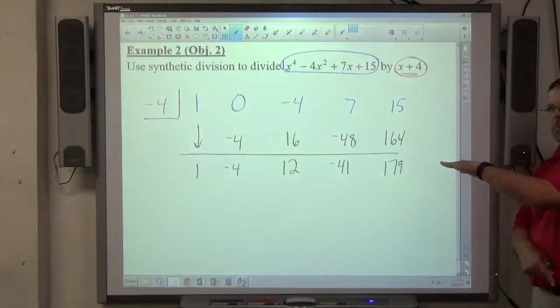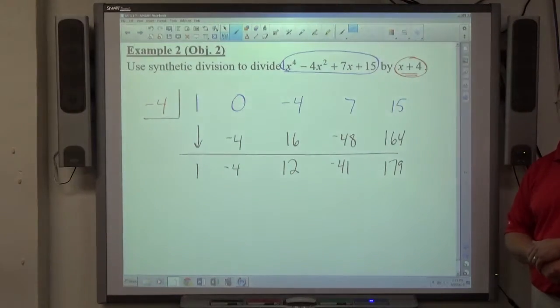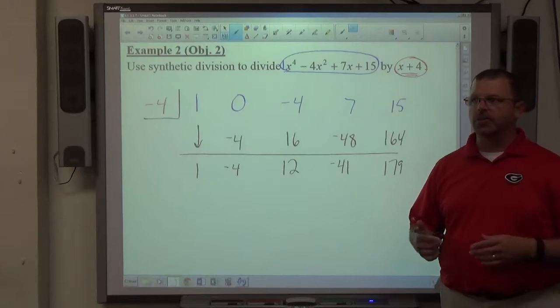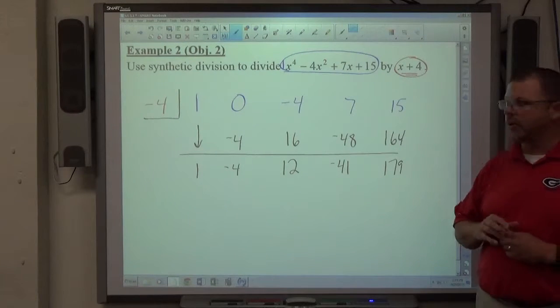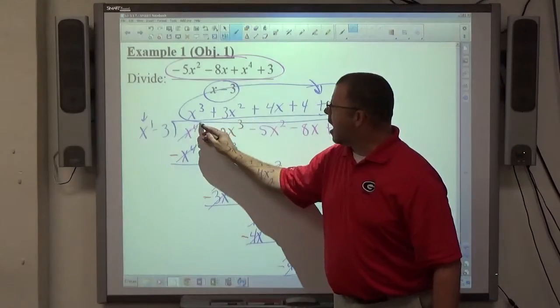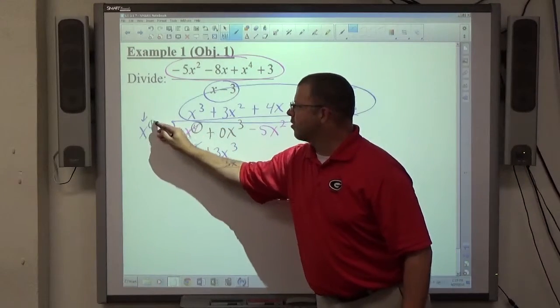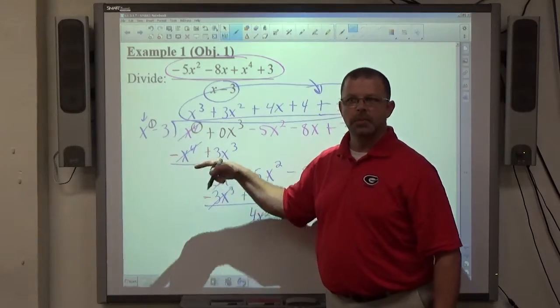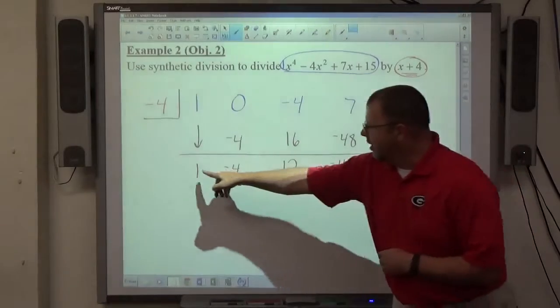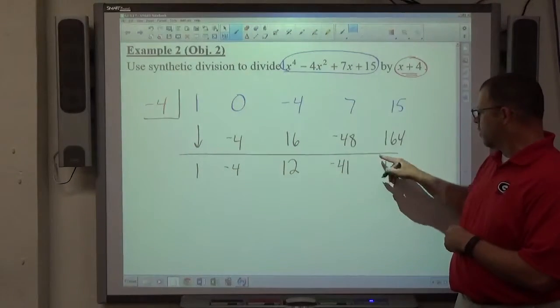What these numbers represent are the coefficients of my answer. To use synthetic division properly and get the correct answer, we have to know what our answer is supposed to look like. Going back to this last problem, if x to the fourth is on top, and we're dividing by x to the first, what's our first power on top? 1 lower. X cubed, 1 lower than the power we started off with. So with that knowledge, these are the coefficients of my answer. That's the remainder right there.